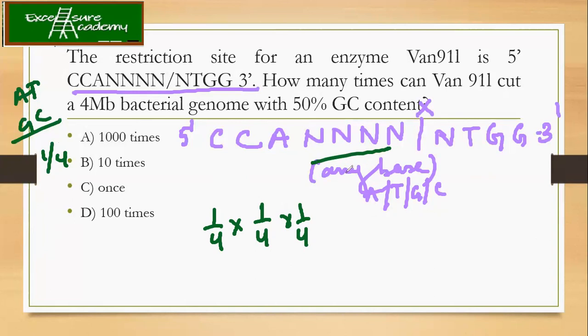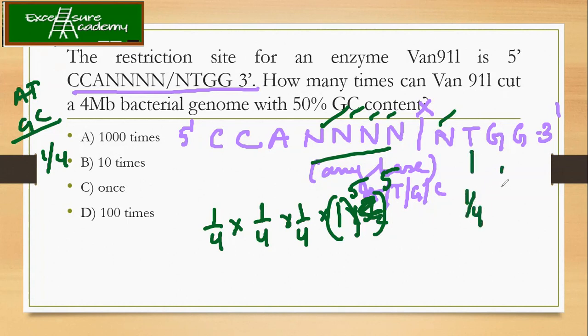So either you can say that there is no probability or you can write it as 1. So 1, 1, 1, 1, 1, which is 1 raised to 5. It is not going to make a difference because anything multiplied with 1 is going to give you 1 only. Now coming to T, it is 1 upon 4, G 1 upon 4, again G 1 upon 4.